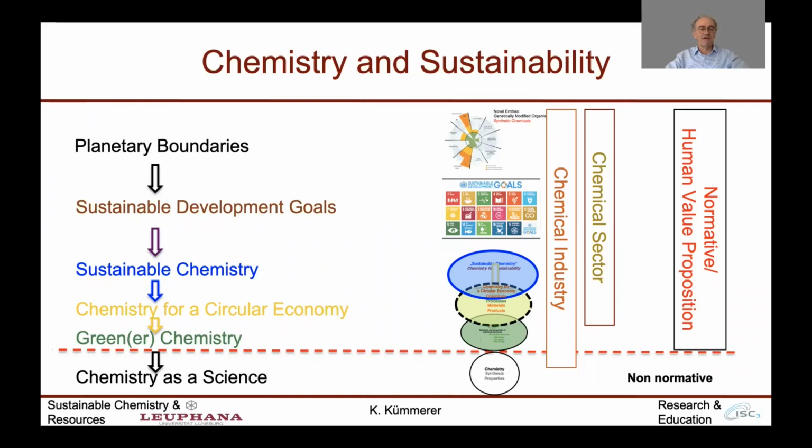And one of the most tangible things about sustainability is the so-called Sustainable Development Goals, as set by the United Nations. And above all of this, we have learned there are boundaries, planetary boundaries. So resources are limited.